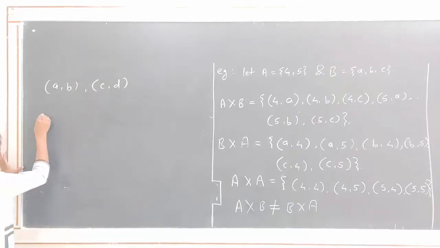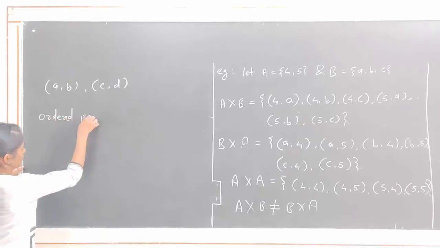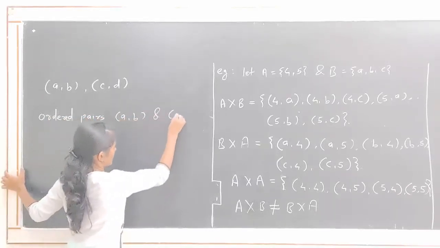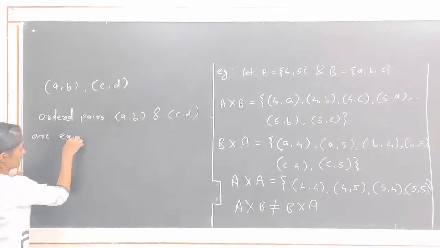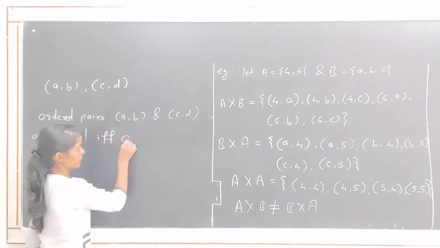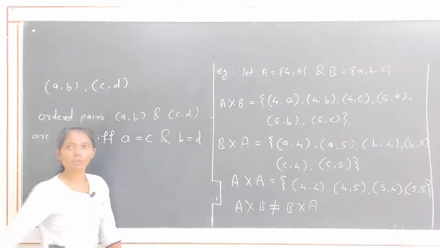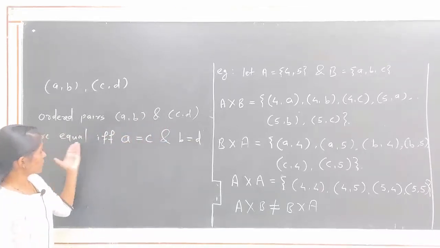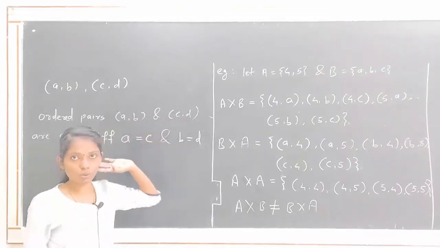So ordered pairs (a, b) and (c, d) are said to be equal if and only if a equals c and b equals d.